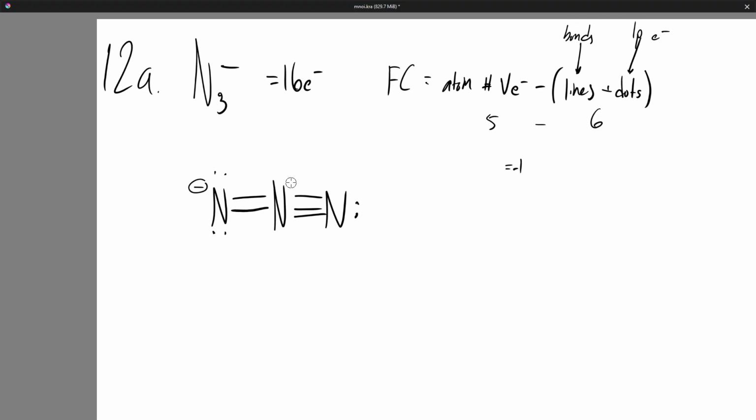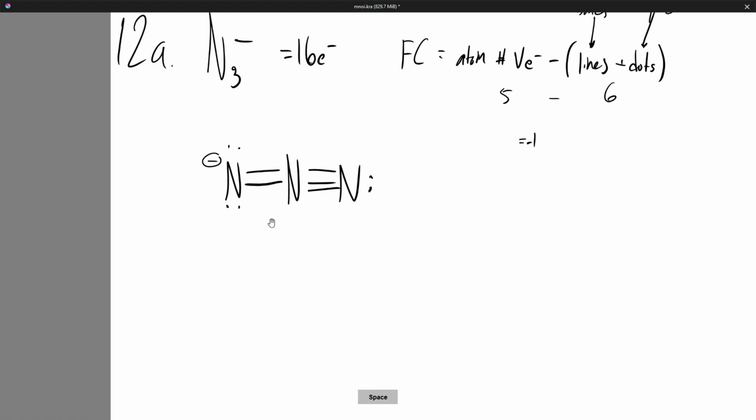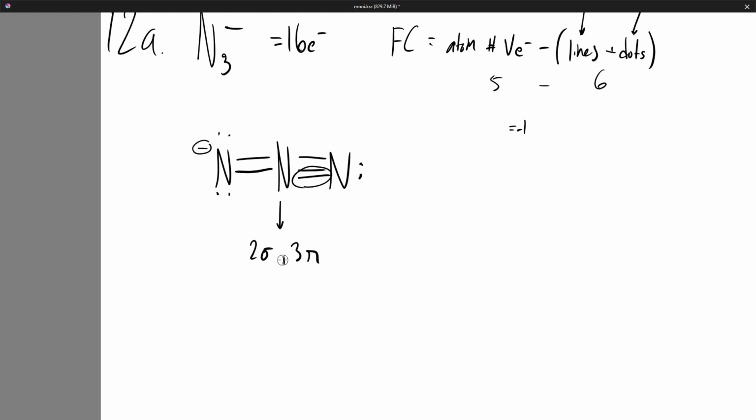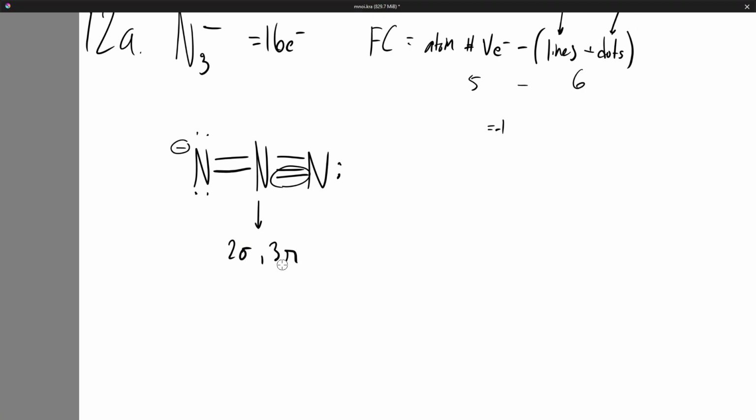So now we want to look at the center atom, this one in the middle. So there's 2 sigma bonds and 3 pi bonds. So 2 sigma, 3 pi. Sigma bonds and lone pairs only count towards hybridization, not pi bonds.